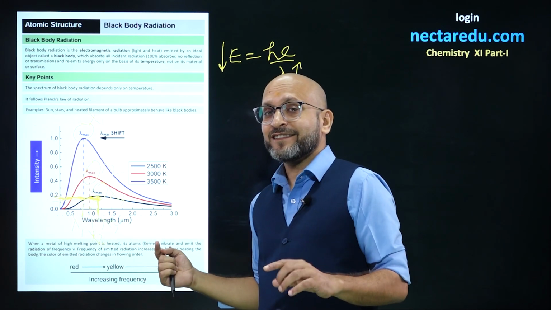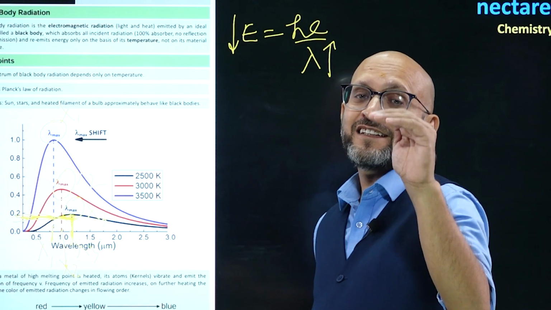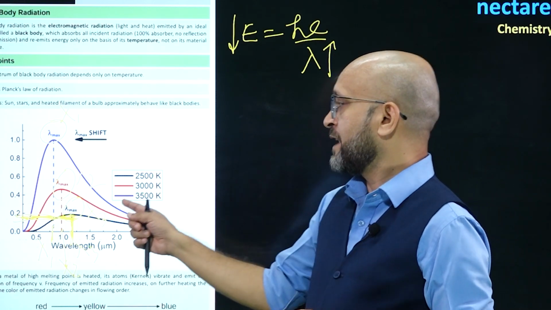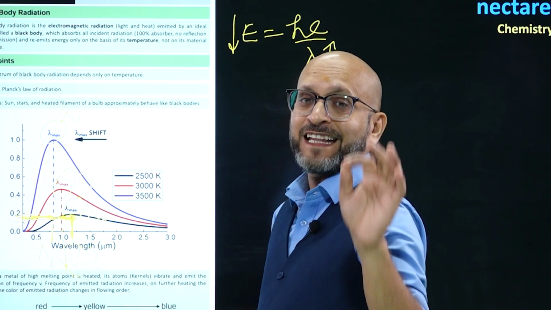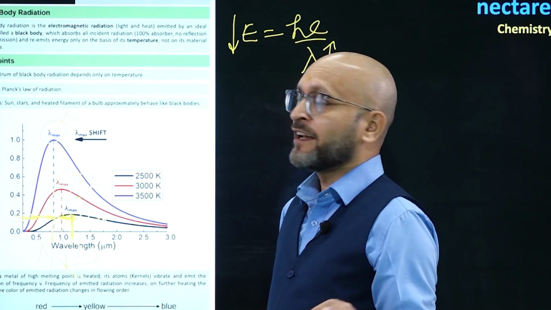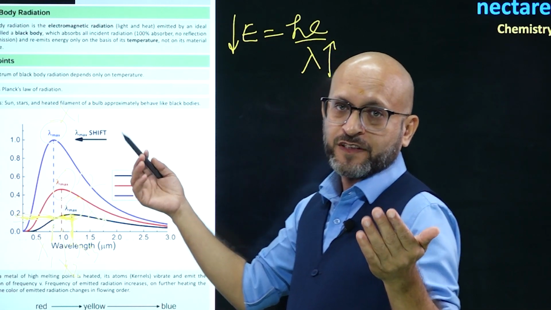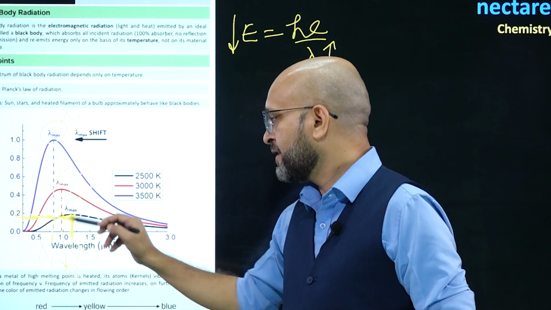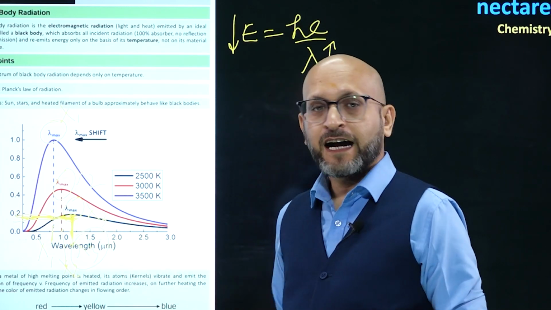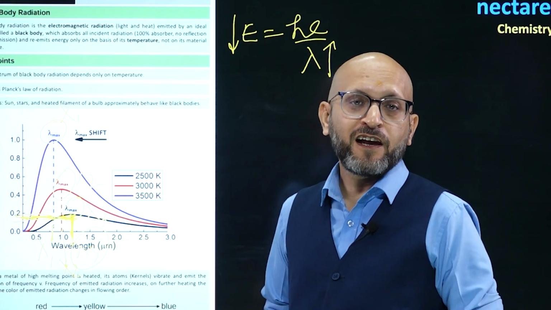So the wavelength is increasing, that means the emitted energy is less. That's why you see for lambda 1 the wavelength is less, so energy is high. And in case of lambda 3, the wavelength is high, so the energy emitted is low.